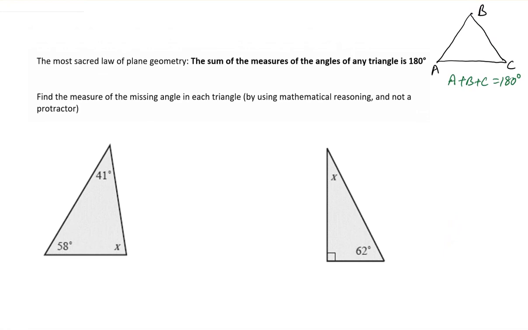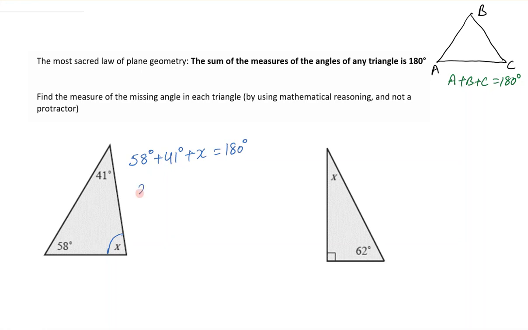So let's work with this one. In this one, x is the missing angle. Since we know that the sum of angles is 180 degrees, in this case 58 degrees plus 41 degrees plus x should be equal to 180 degrees.